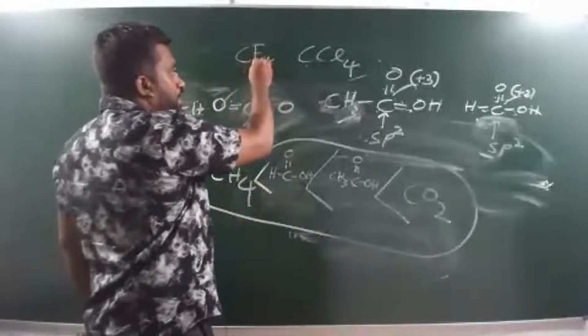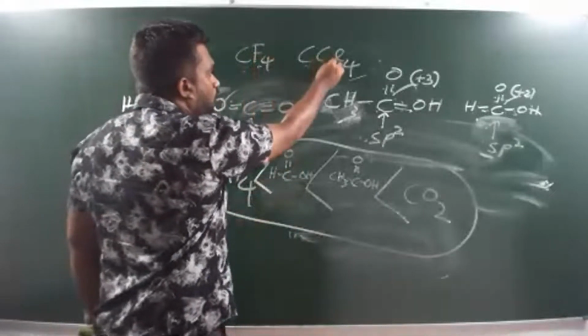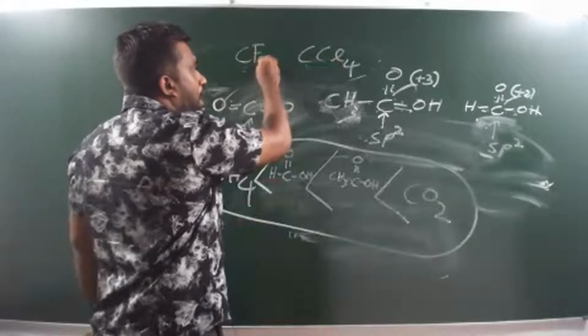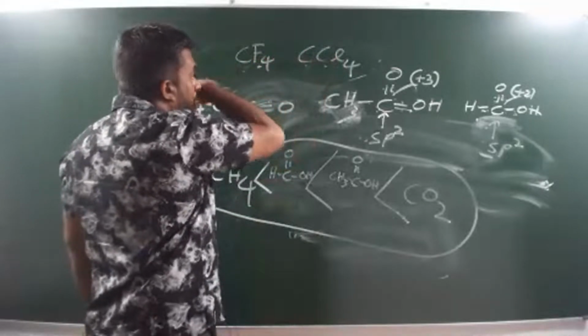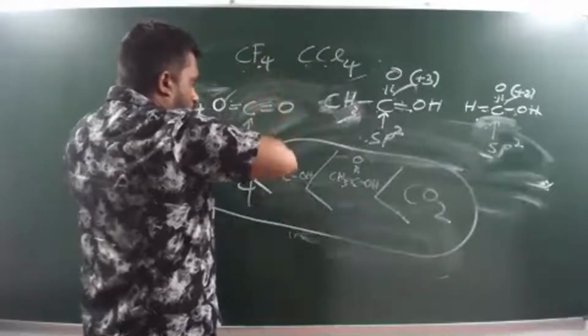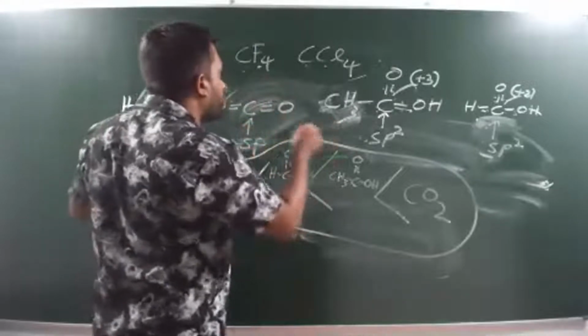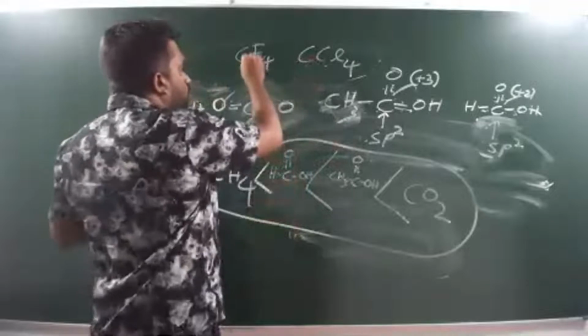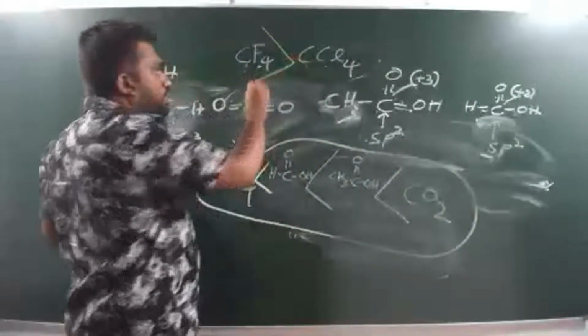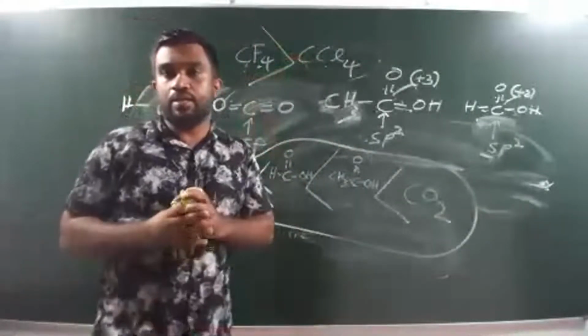Here, fluorine has higher electronegativity than chlorine. So the electrons are attracted towards fluorine more than chlorine. So this carbon has higher electronegativity. Can you understand?